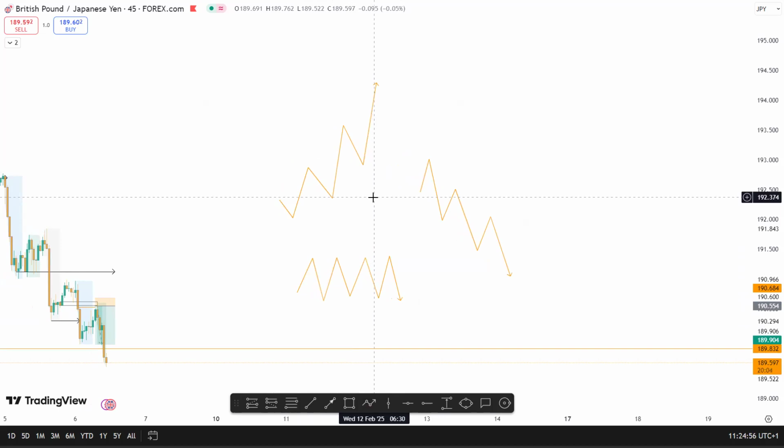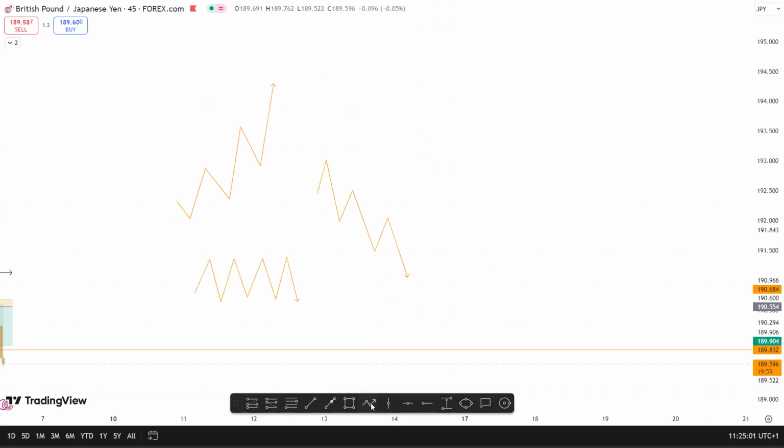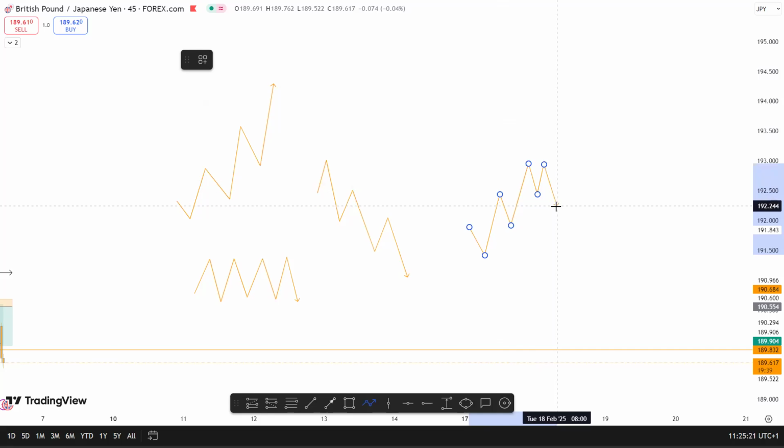Now when you identify your market structure, there is a point when markets will be buying. We'll still head over to the charts, but let me explain everything first. There's a point when markets will be buying and then changes character, or you can call it a market structure shift.